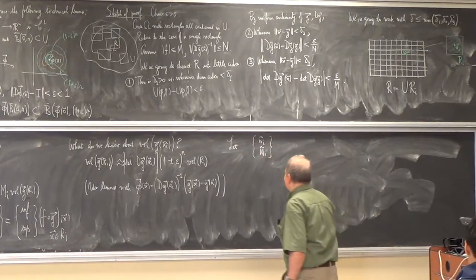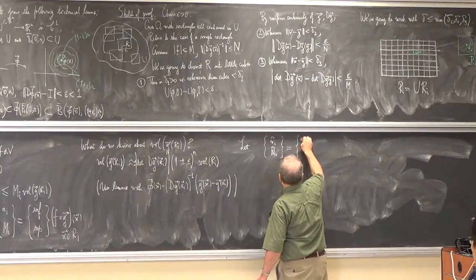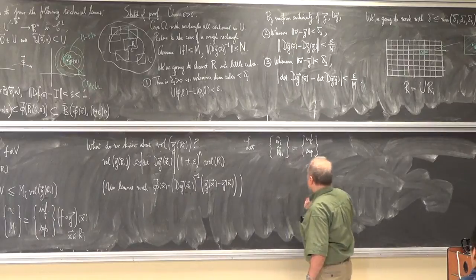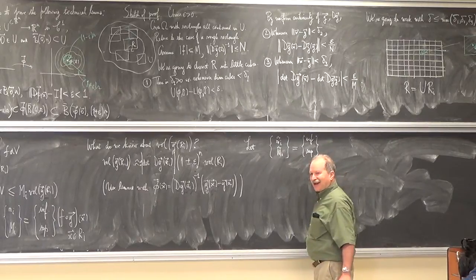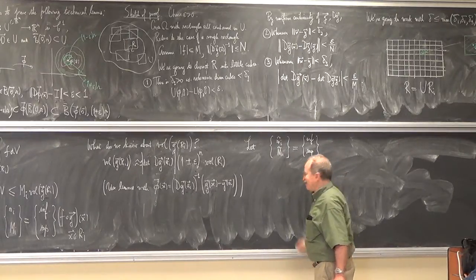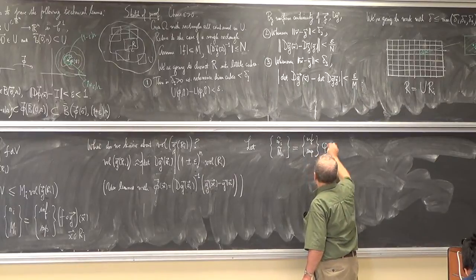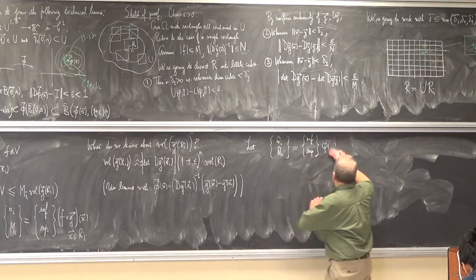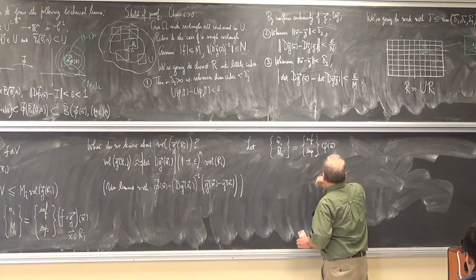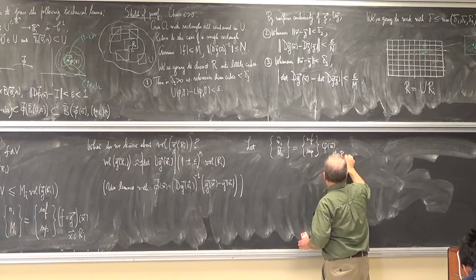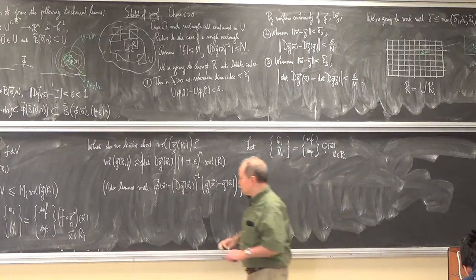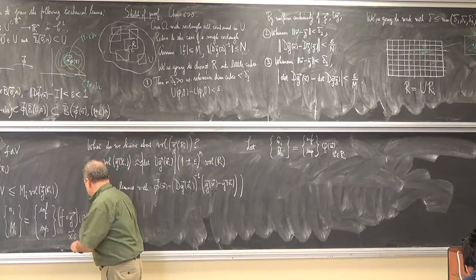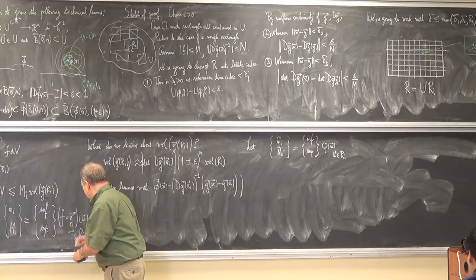This is going to be the inf, respectively sup, of phi of u for u in R_i. I should have had a u here too. The x's are in the other space.